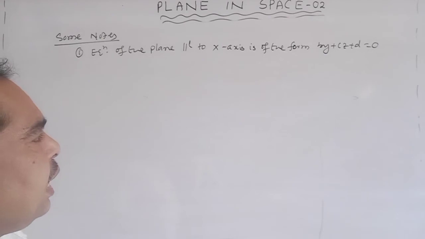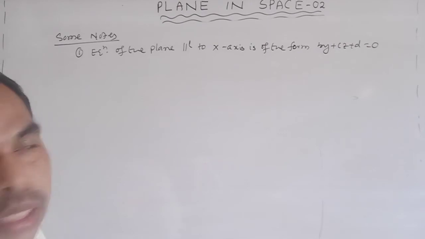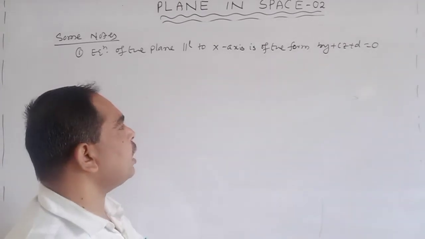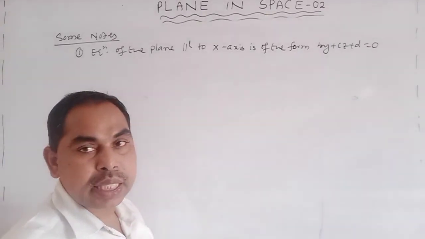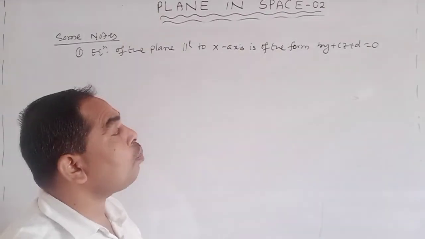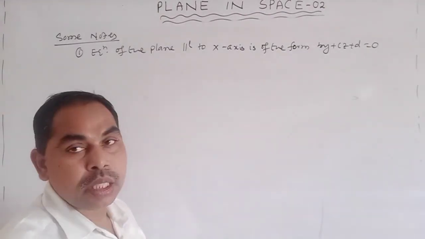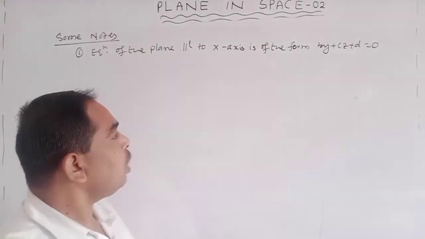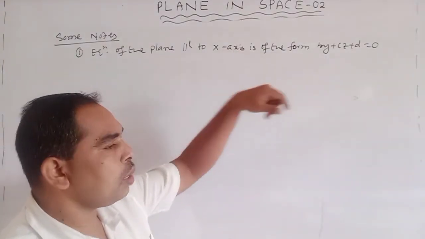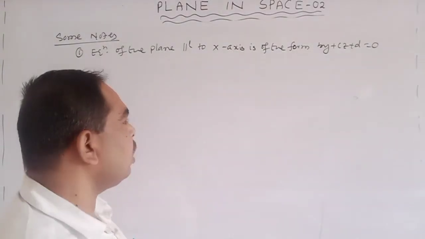Parallel to x axis means the normal to the plane is perpendicular to the x axis. So DRs of x axis is (a, 0, 0), DRs of normal to the plane is (0, b, c). Okay, so the two are perpendicular, meaning a1 a2 plus b1 b2 plus c1 c2 is equal to 0.